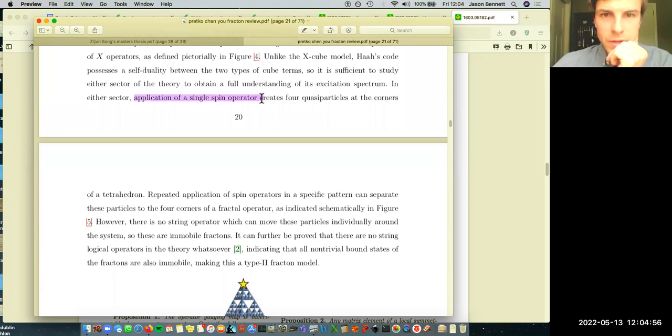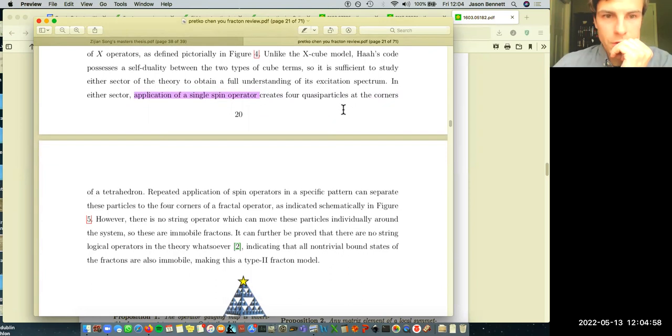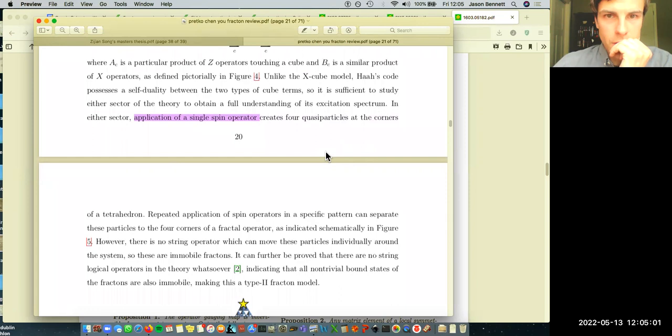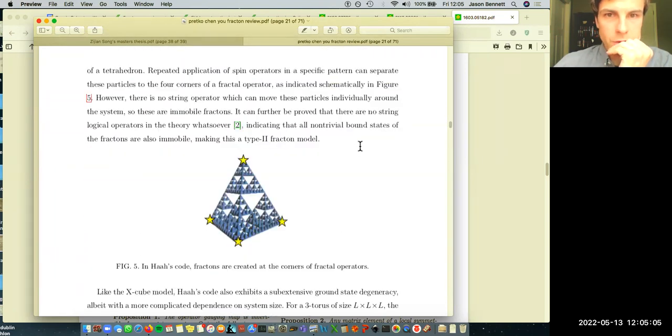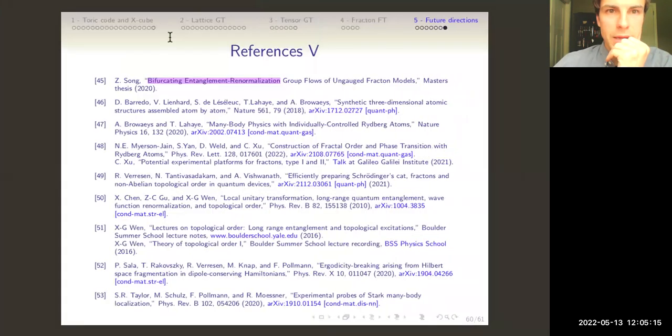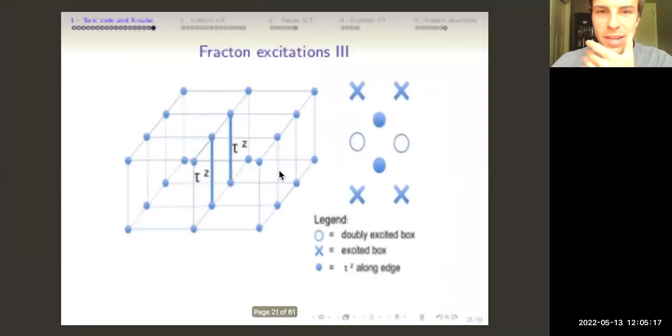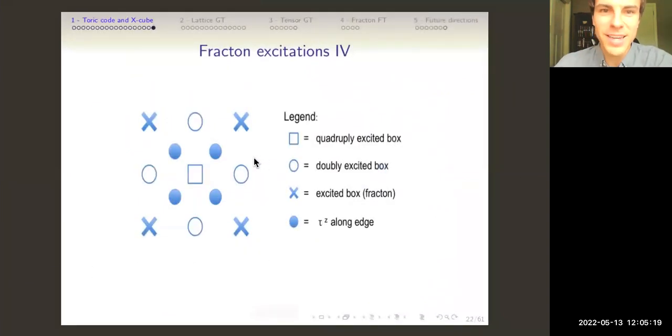That's another picture, a 2D picture. So an application of a single operator creates four at the corners. Repeated application separates the four corners. The particular geometry that I chose for this figure wasn't from anything; I just thought it was easier to make.